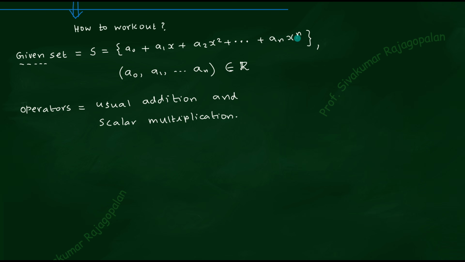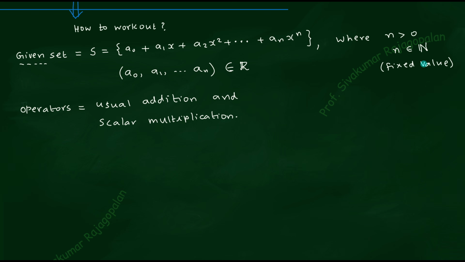Otherwise you can't write belonging to R. Here the point to be noted is n is greater than 0, only then will you have a higher degree polynomial, and n is an integer. These are the places where you have to pay attention. N cannot be a fractional value, otherwise it won't be a polynomial.